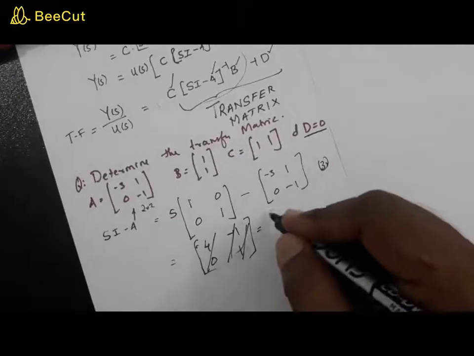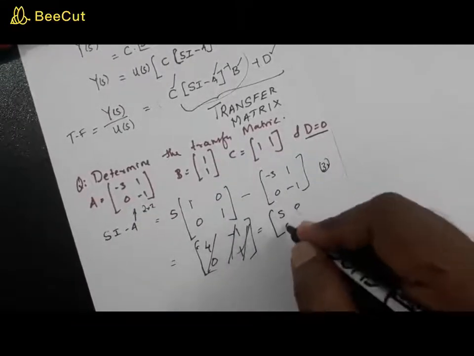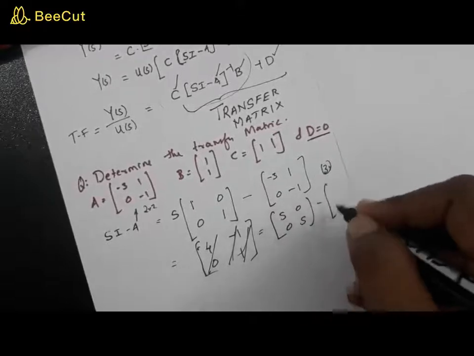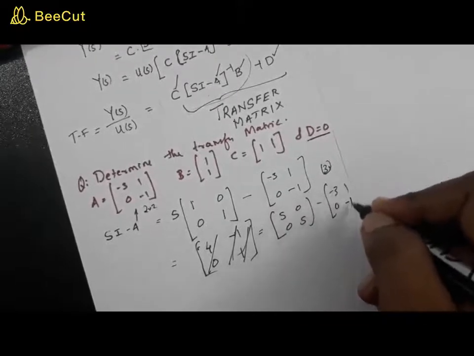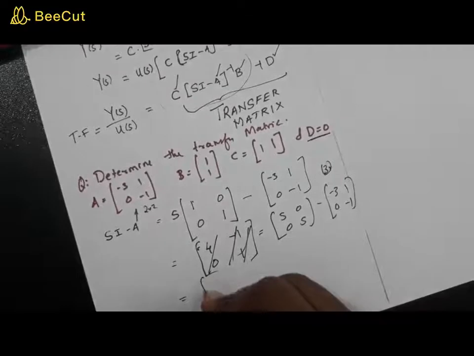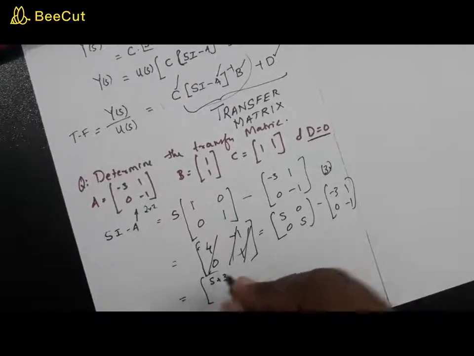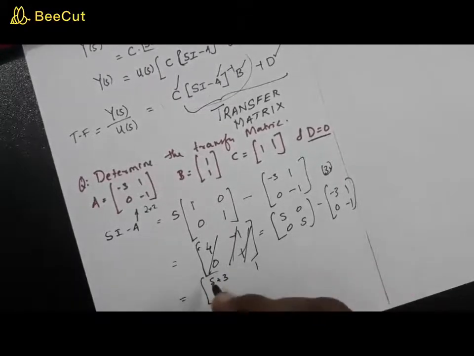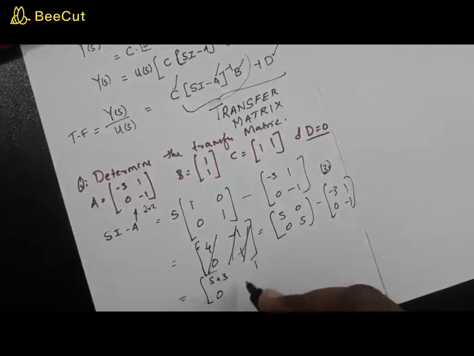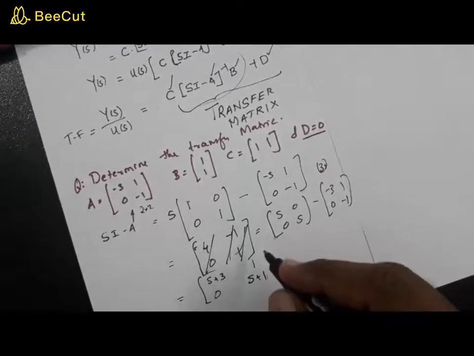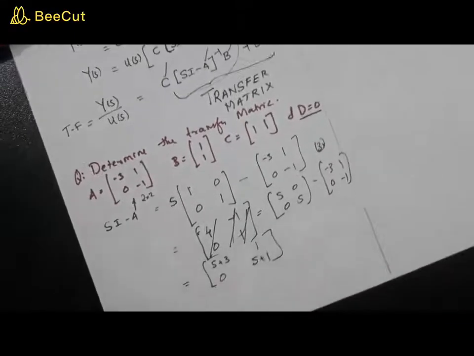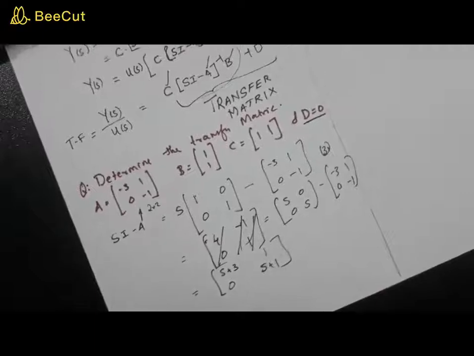This will be equal to [s, 0; 0, s] minus [-3, 1; 0, -1]. So you will get [s+3, -1; 0, s+1]. This is your sI - A.